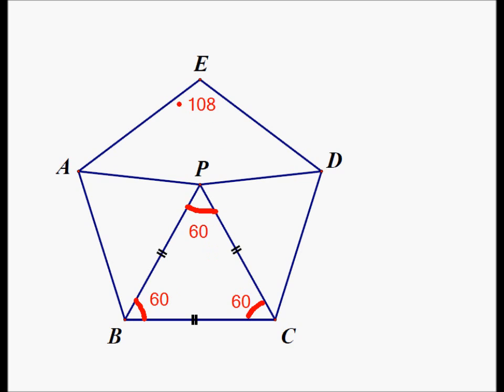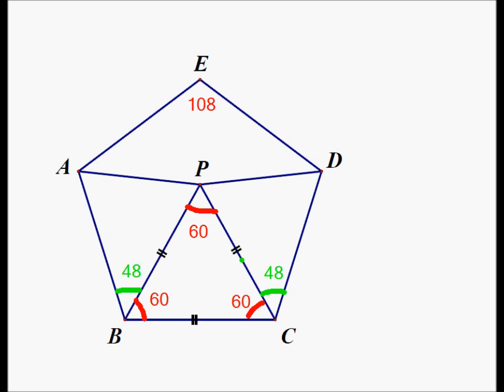Now, each angle of this regular pentagon has to be 108. So this whole angle is 108. If this is 108, this has to be 48. Similarly, this whole angle is 108, and 108 minus 60 is 48.